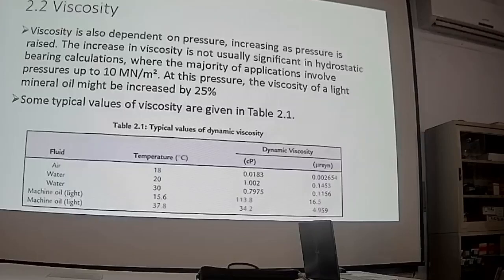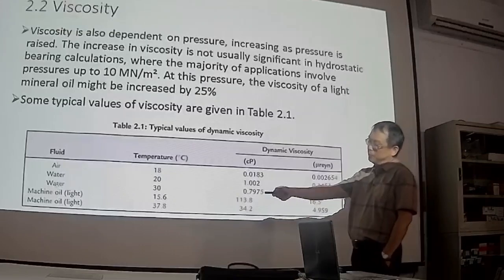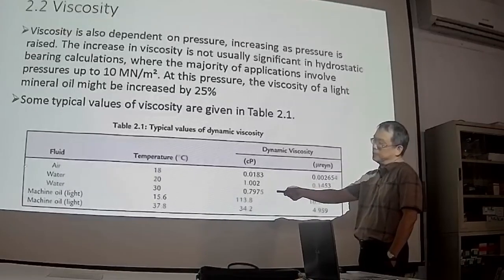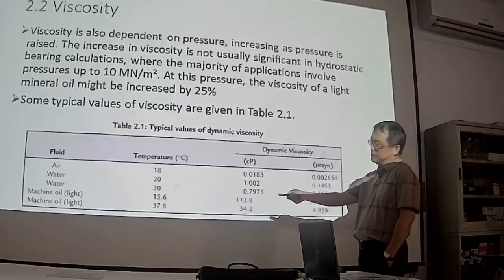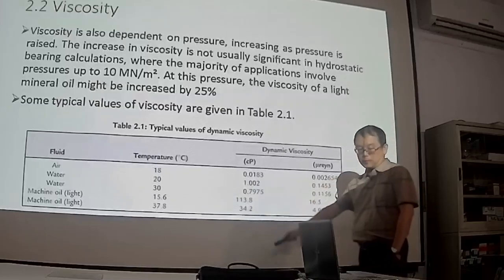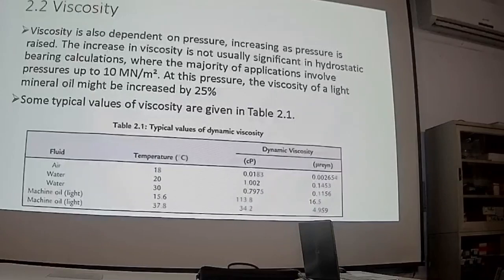Looking at this table, you can also see different temperatures for the water: at 20 degrees and 30 degrees, the viscosity at 30 is lower than at 20.